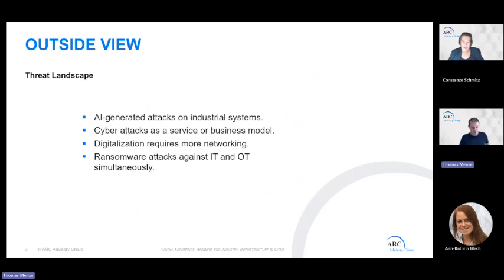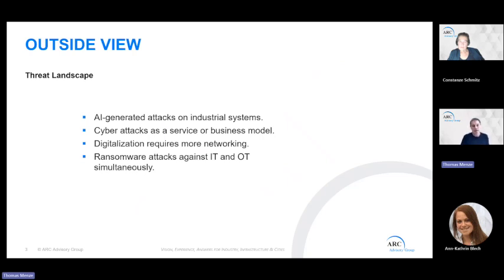Okay, going any further to this outside view. We said already the outside view is something important. And what happens in the threat landscape? We see more and more AI-generated attacks. We all know AI is quite sophisticated, and we can imagine that with the help of AI, really sophisticated cyber attacks can be generated against industrial sites.